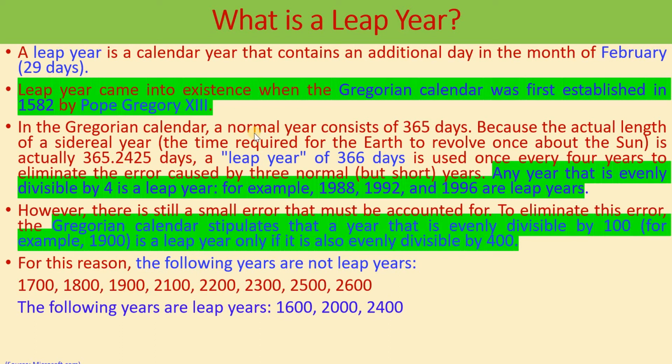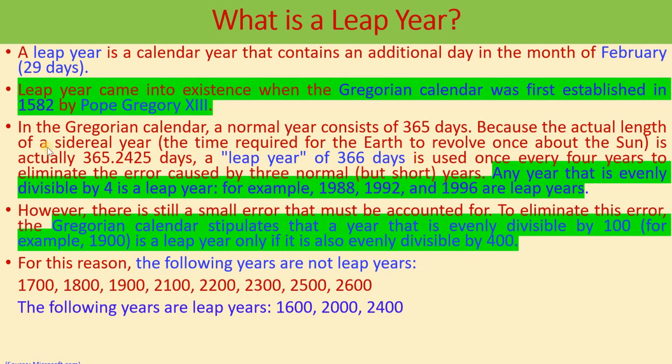In the Gregorian calendar, a normal year consists of 365 days because the actual length of the sidereal year is actually 365.2425 days. So what is a sidereal year? It is the time required for the Earth to revolve around the Sun once. A leap year of 366 days is used once every 4 years to eliminate the error caused by 3 normal but short years.